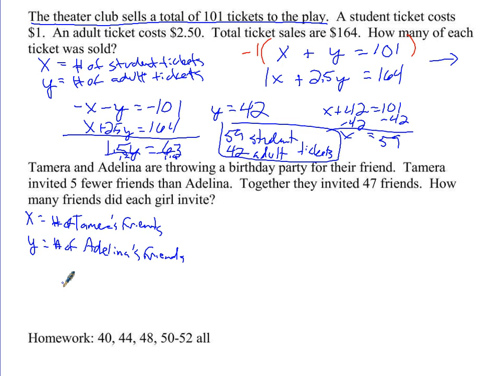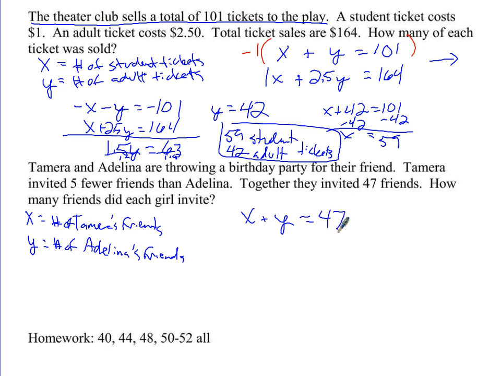You don't have to change anything. All right, we need to write a system of equations now. We have 47 friends total, so the number that Tamara invited plus the number that Adelina invited must be 47.